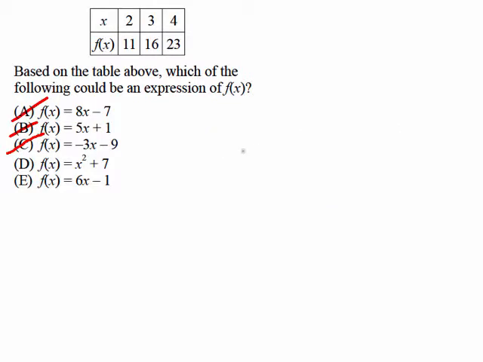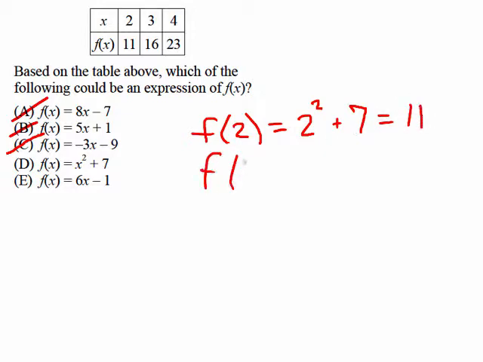X squared plus 7. Well, f of 2 equals 2 squared plus 7. 2 squared is 4 plus 7 is 11. That kind of works. F of 3 is going to be 3 squared plus 7. 3 squared is 9 plus 7 is 16.